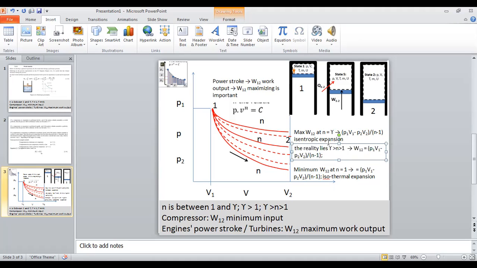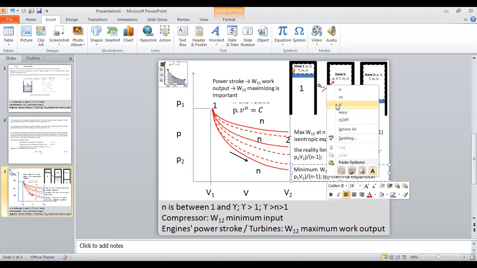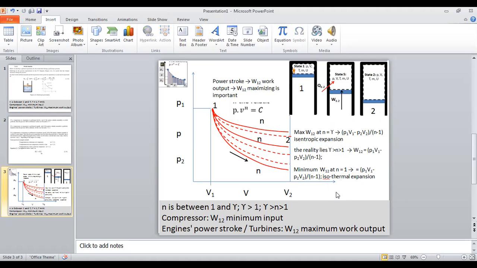Anything in between. Okay, that's fine. And all are polytropic processes, PV to the power n. So this is a polytropic process. Okay, good. So this is for the power strokes.